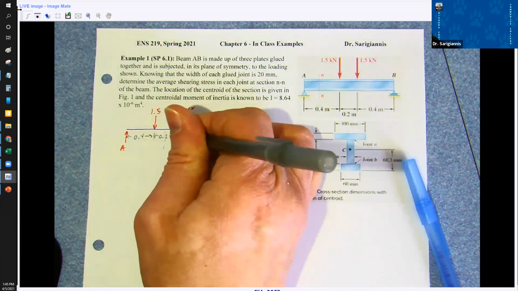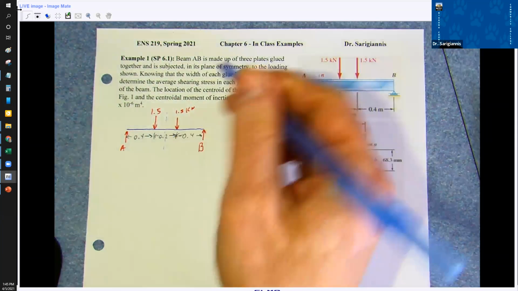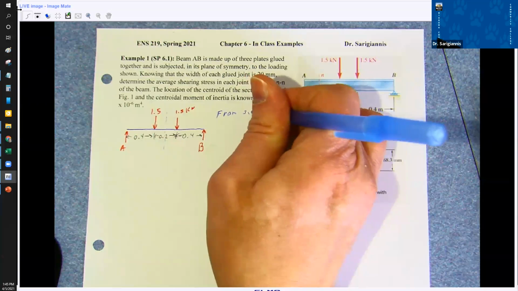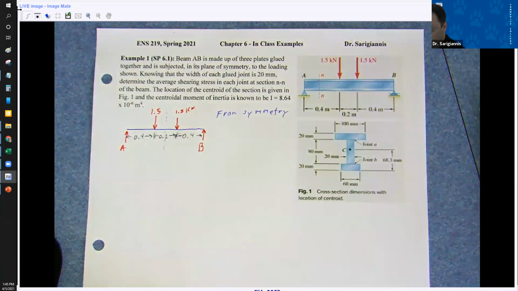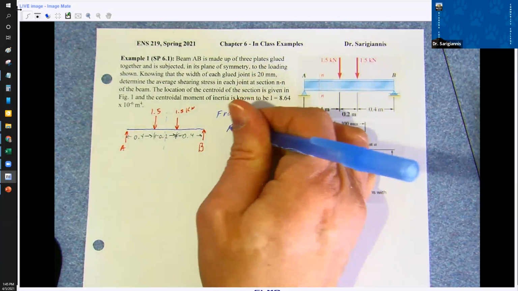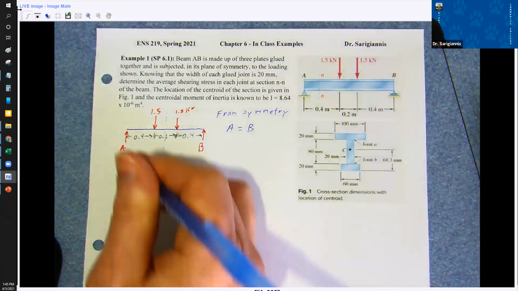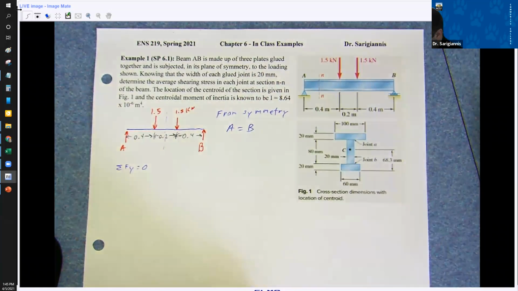We do know that this is symmetric. From symmetry, A equals B, right? So sum of the forces in Y equals 0.